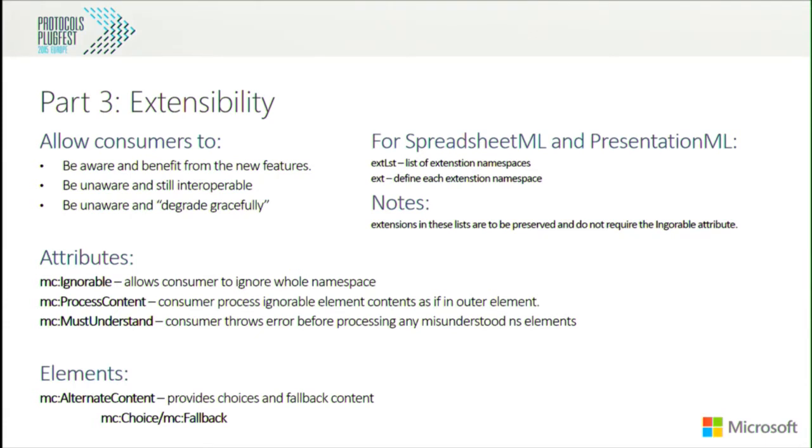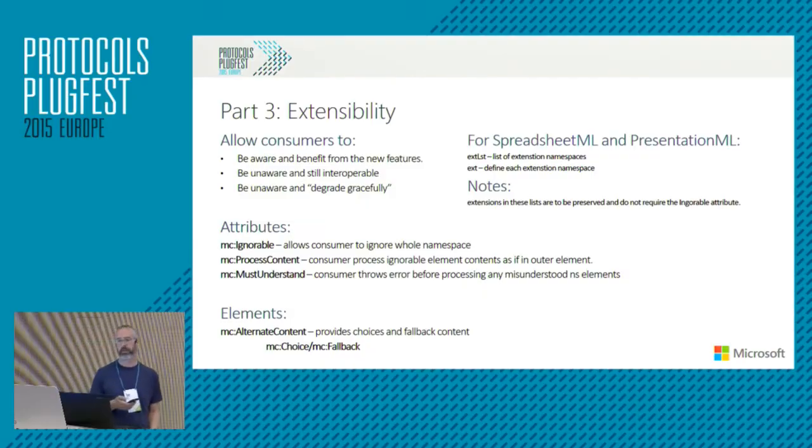If it has the process content, that means it can be treated as if it's outside that section and the other section didn't even exist. And then must understand just says that if the consumer doesn't understand this namespace, it has to throw an error. So that's a hard requirement, because otherwise the document presumably would not be meaningful.